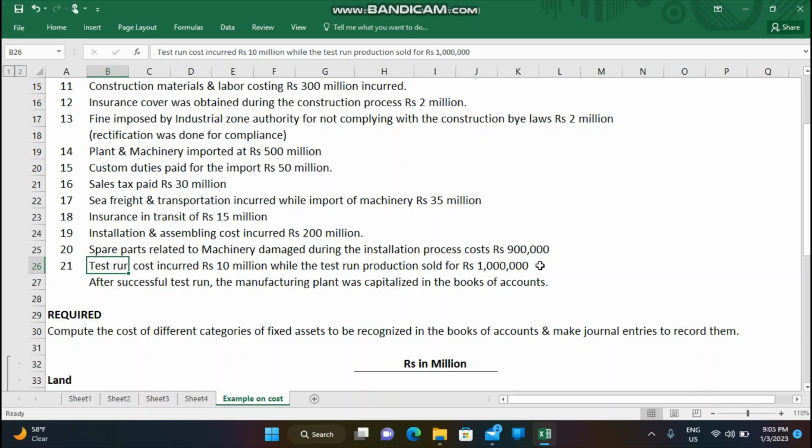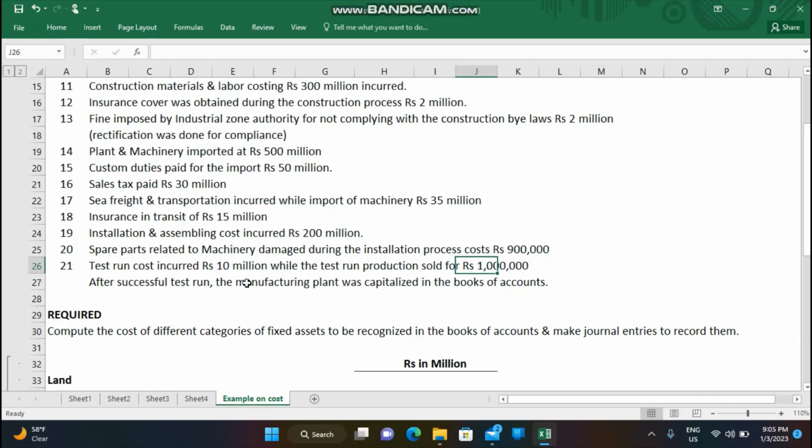We all know that test run cost will be included in the cost of property, plant and equipment, but any production done during the test run and any amount yielded out of that production will be deducted from the cost of property, plant and equipment. So this 10 million minus 1 million, this 9 million, will be included in the cost of plant and machinery.